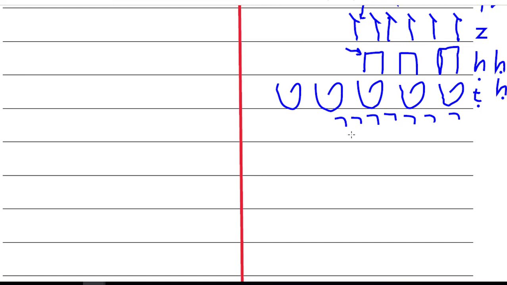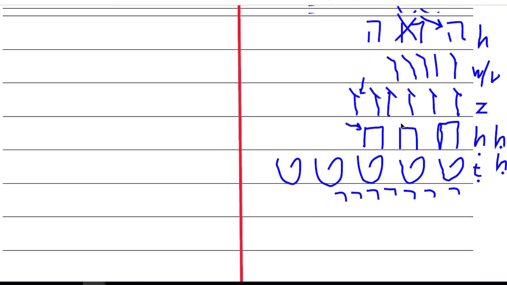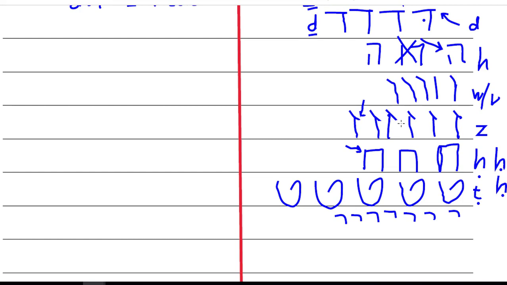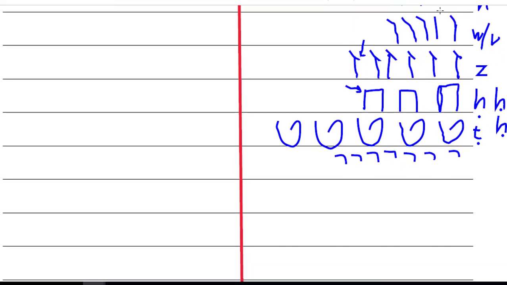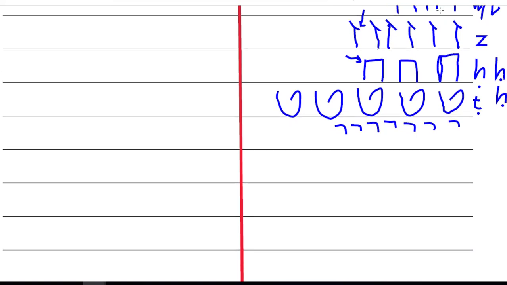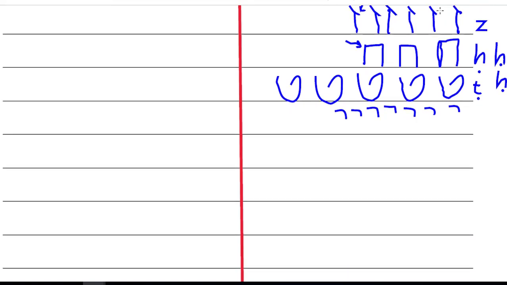So there's your Yod. Jesus makes reference to not a jot or a tittle passing away from the law. A jot has to do with the Yod here, and the tittle is something like the little stroke here on the Zayin, or here with the Dalet. When Jesus is referring to the jot or tittle, he's referring to the shapes of the letters of the Hebrew alphabet as it was written in his day.